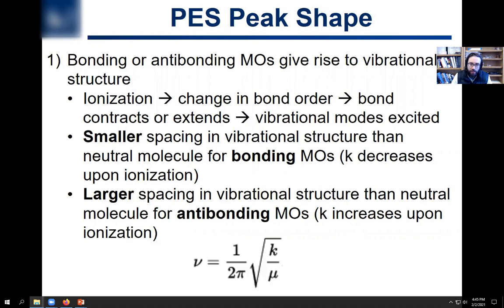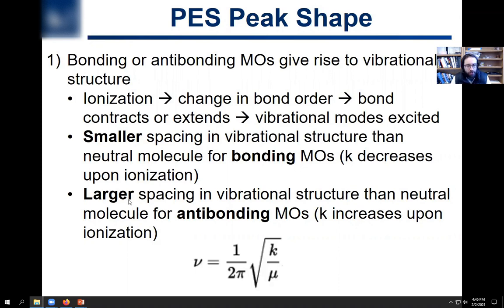Remember your MO counting rules. So if you decrease your bond order by half, you've gone from a double bond to a 1.5 bond, your bond strength, K, remember in this expression that gives you your fine structure frequency, nu, K is going to decrease, okay? So if K decreases, nu decreases, you're going to have smaller spacing when ionizing from a bonding MO.